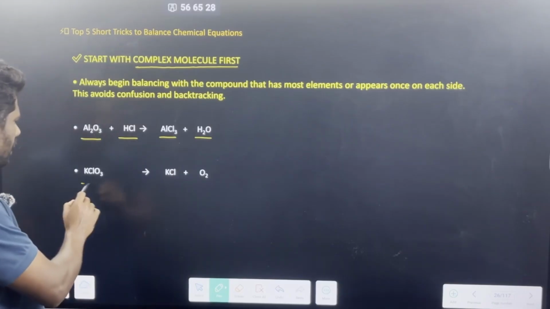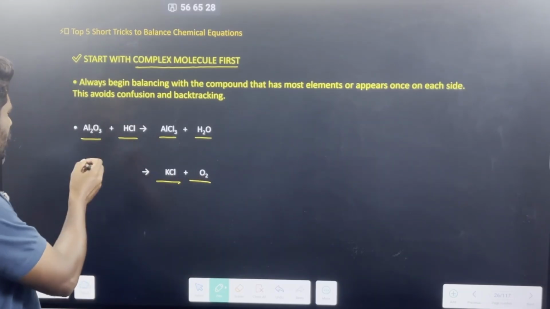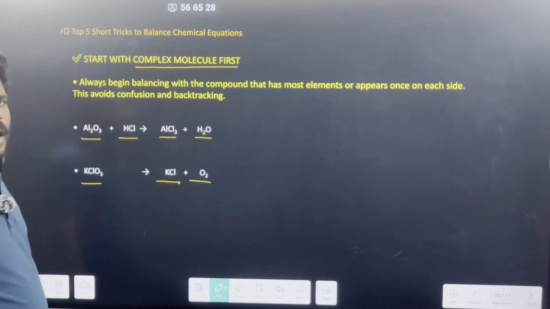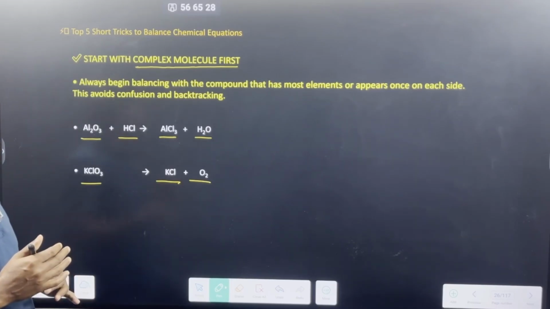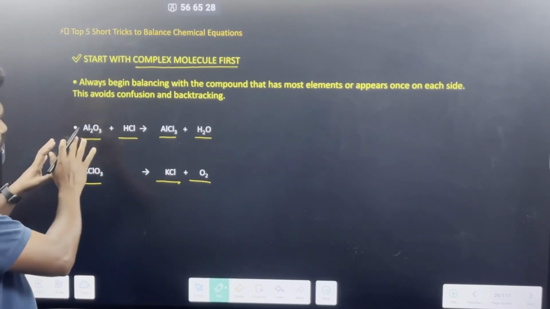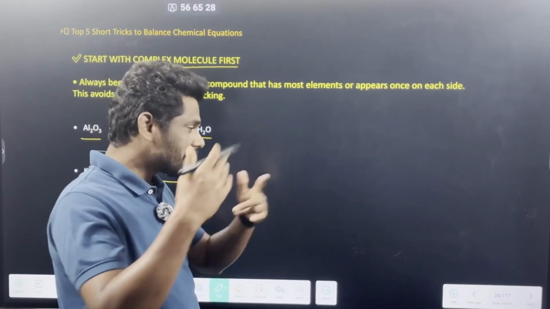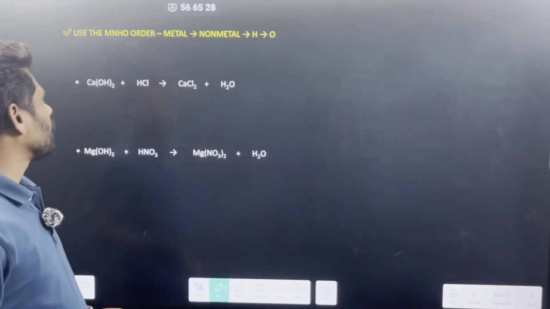And look at the equation here, KClO3, KCl, and O2. In these equations, these look like complex molecules, meaning more atoms are there. So you can start with those molecules to balance the equation, which will be easy for you. You can try it and put it in the comments if you have any difficulty with any equation.